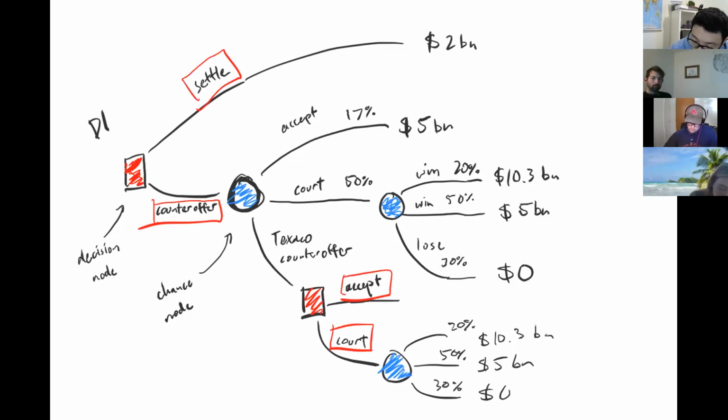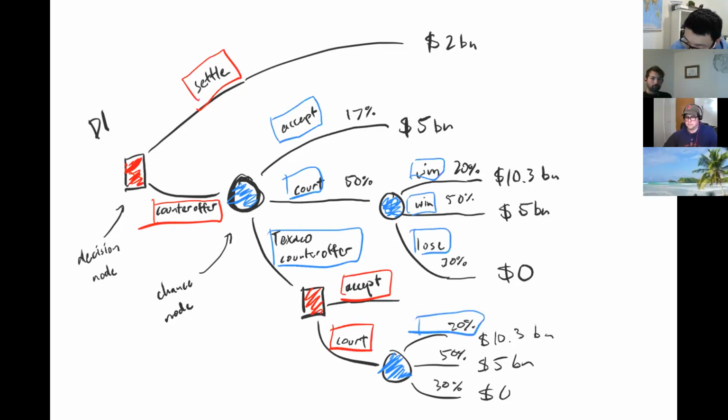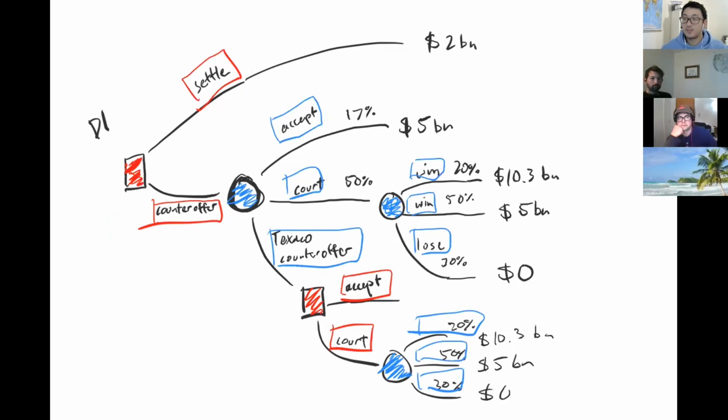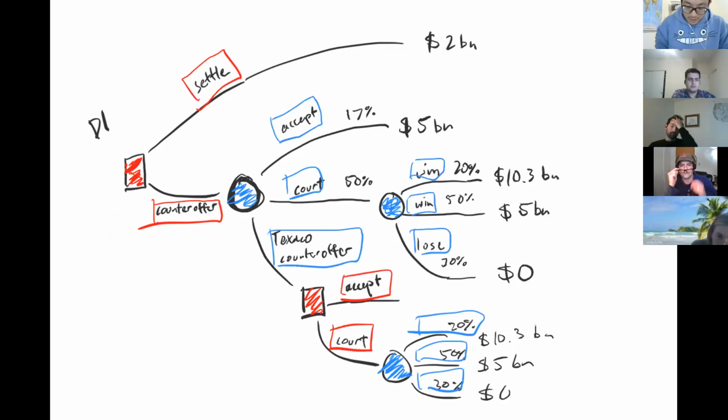Okay, so all of these outcomes are probabilities. Okay, so I want to figure out for the places where I can make a decision, which decision I should be making.